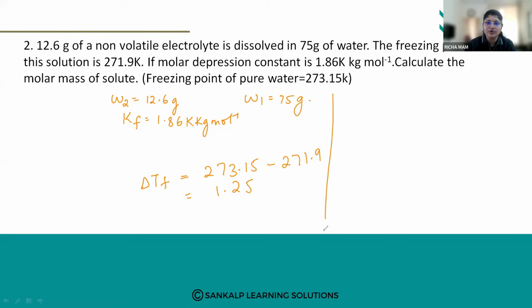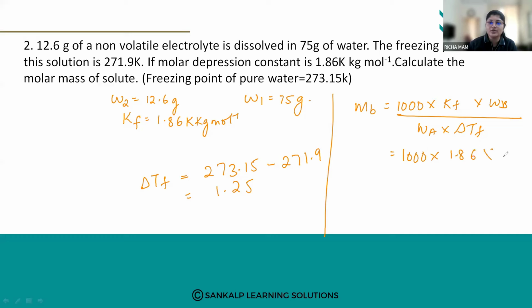So now after putting the values, what was the formula? MB is equal to 1000 into KF into WB divided by WA into delta TF. So 1000 into KF value 1.86 into WB is 12.6, divided by WA is 75 into delta TF is 1.25. Now you see if the answer is coming correct.